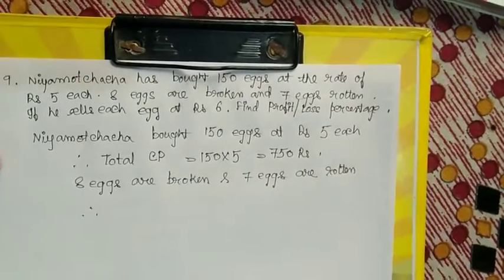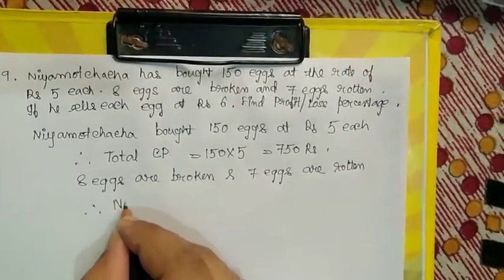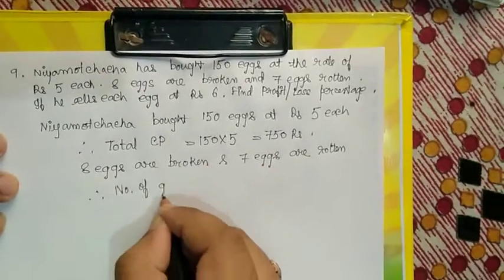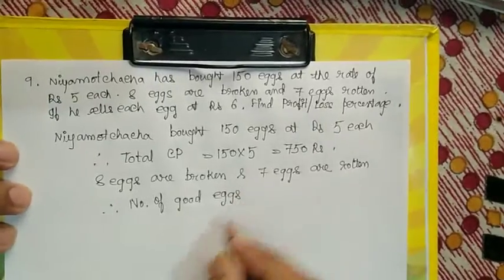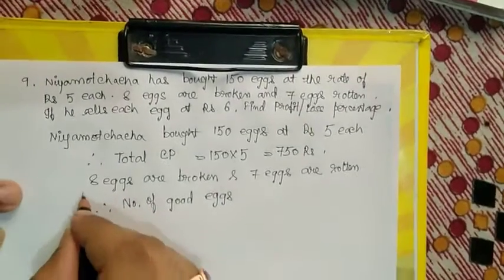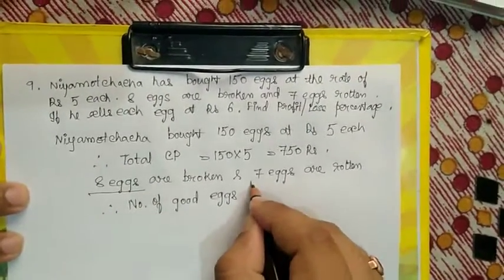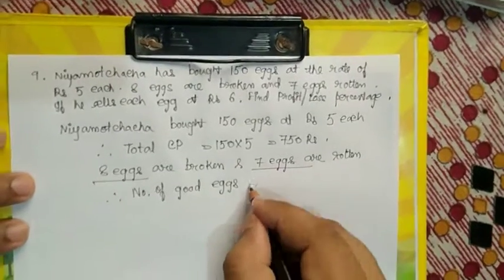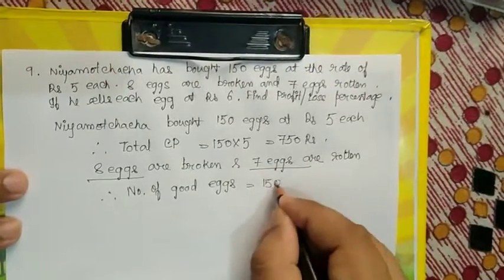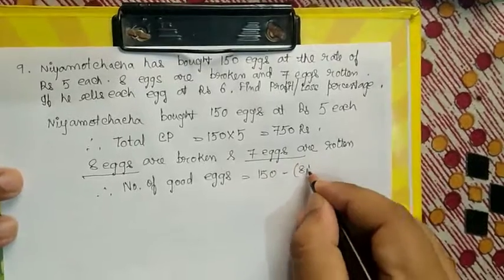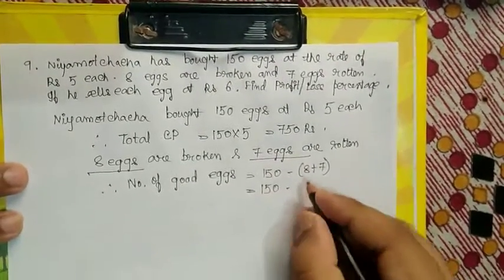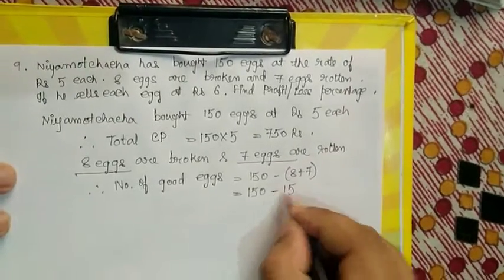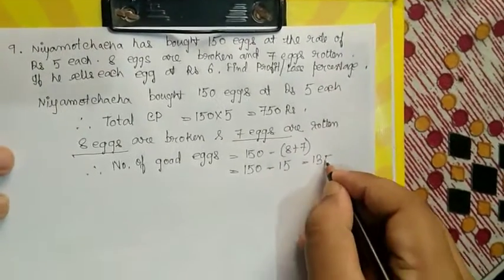So the number of good eggs: he bought 150 eggs, and in 150 eggs 8 are broken and 7 are rotten. So the number of good eggs equals 150 minus 8 plus 7, 150 minus 15, equals 135.